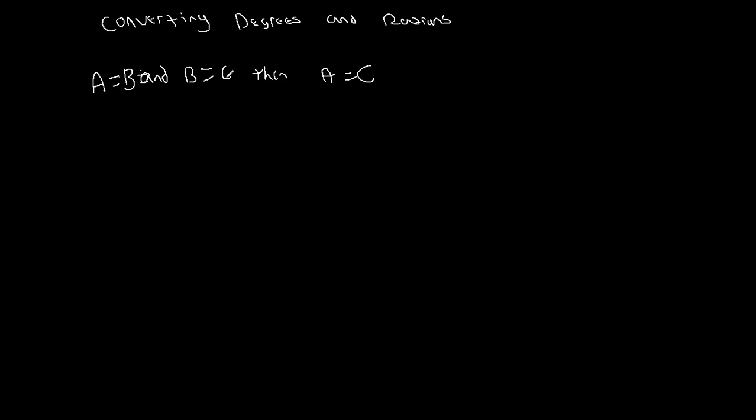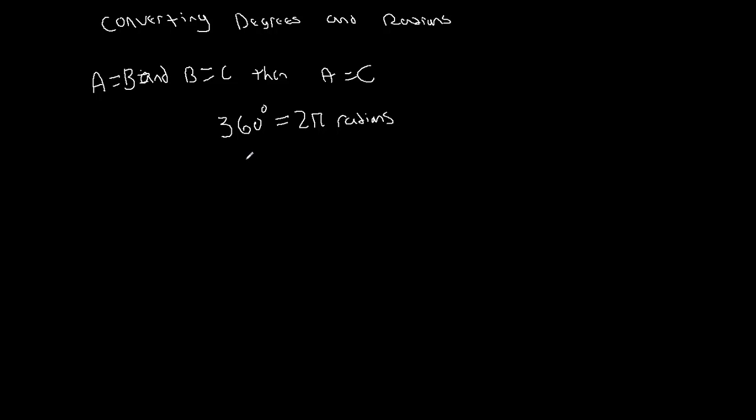So therefore, we can use this logic to say that 360 degrees is equal to 2 pi radians. I've done nothing special here. I've just taken our definition, which is the same in both cases, and set the results equal to each other. Okay? So we can use this conversion to allow us to go between degrees and radians.